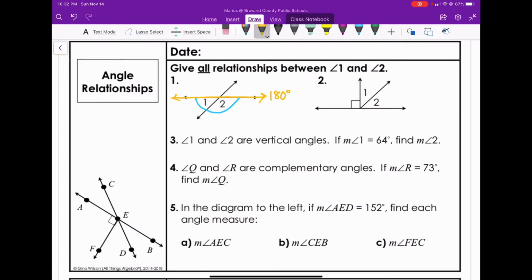So there's a few relationships. The first thing we can say about angle 1 and angle 2 is that they're adjacent. We could also say that because when you put them together they add to equal 180, they're supplementary.